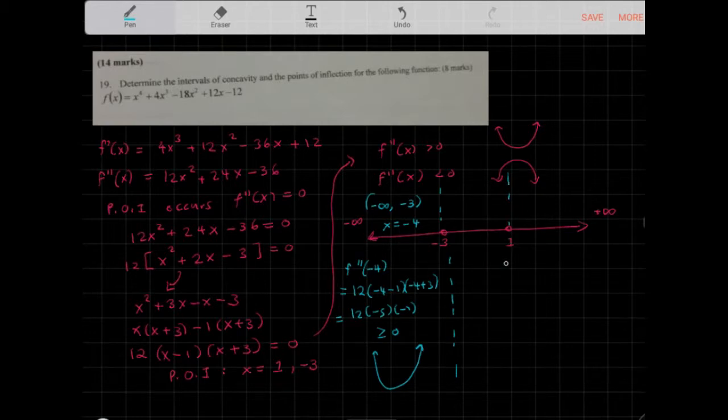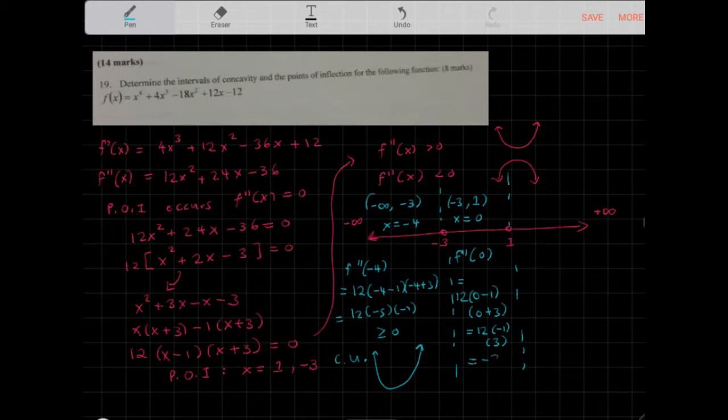Then we're going to test the interval between negative 3 and 1. So it's concave up between negative infinity and negative 3. Between negative 3 and 1, I'm going to let x equal 0. If I do f double prime of 0 in the second derivative function, I get 12 times (0 minus 1) times (0 plus 3), which is 12 times negative 1 times 3.